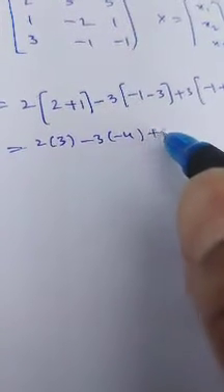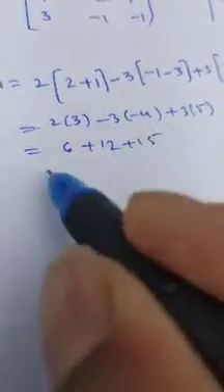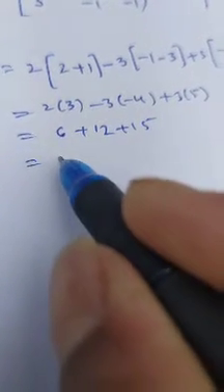So that is equal to 2 into 3, minus 3 minus 4, plus 3 plus 1, 6 plus 12 plus 15.